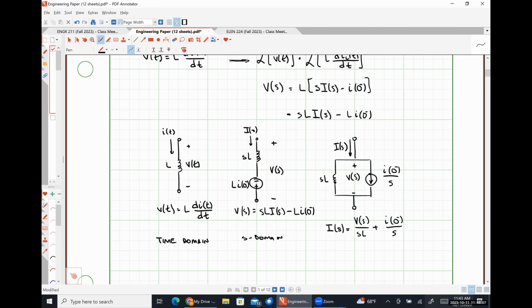So we can use whichever form will make our circuit analysis easier, right? If it helps to have a voltage source in series, we would use the one on the left. If it would help to have a current source in parallel, we'll use the one on the right. I'm going to get the same answer either way because they're source transformations of each other. They are electrically equivalent, I guess would be a better way to say that.